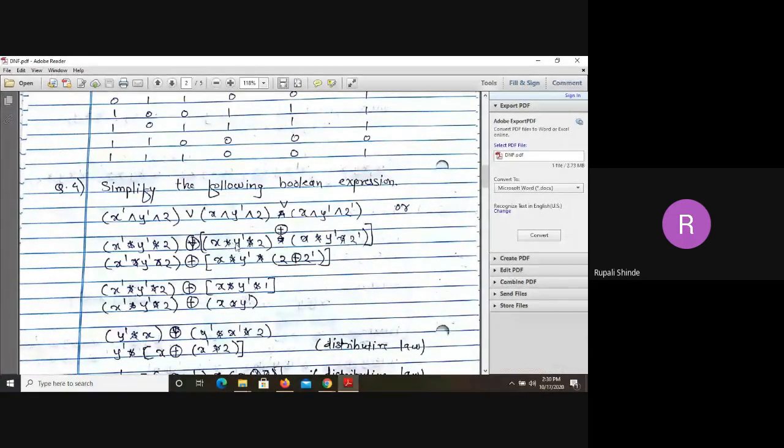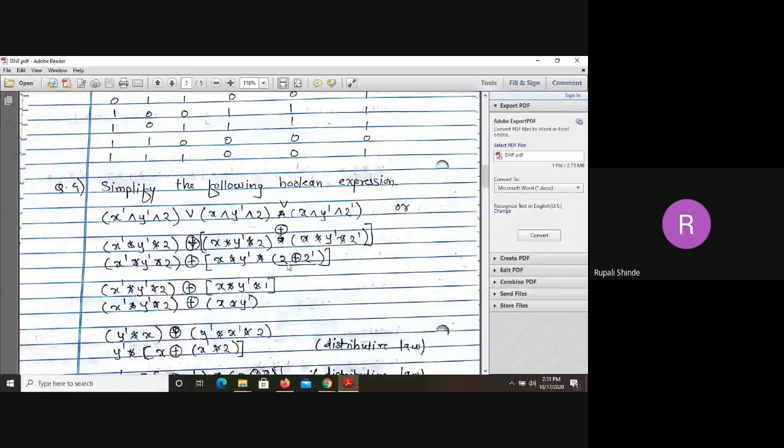Now look at these two terms and we have to check what is common between these two. That is X star Y's complement. This is common. So we have taken this outside the bracket. Now Z XOR Z complement, that is remaining in the bracket. Whatever part is common, that we have taken outside.